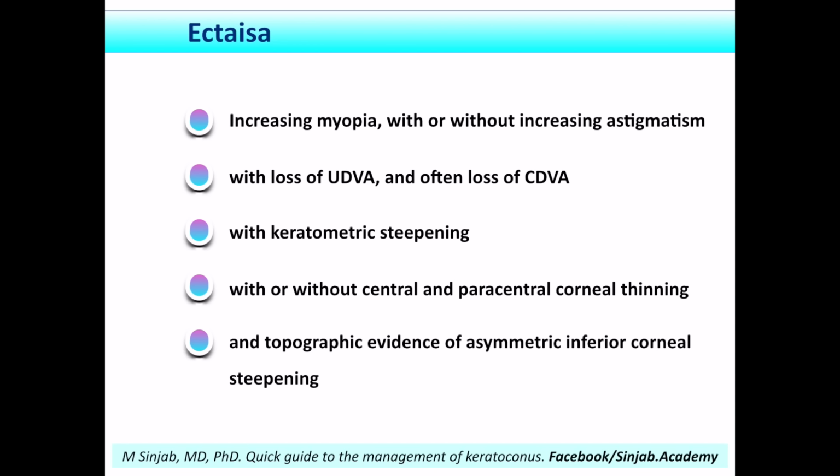Now, this leads us to the progression indices in ectasia and in keratoconus. How do we say that this patient has a progressive pellucid marginal degeneration, keratoconus, other entities, or a progressive ectasia?